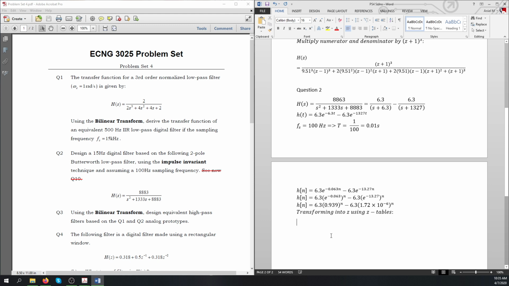So the associated transform for these parts will be the a to the power n transform, which is basically going to be z divided by z minus a.